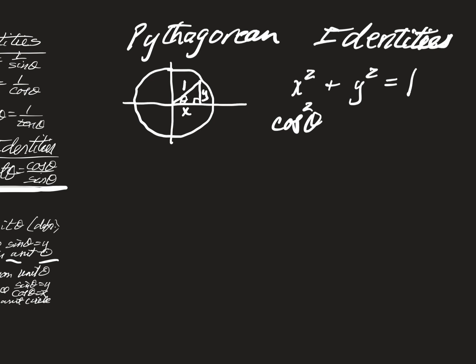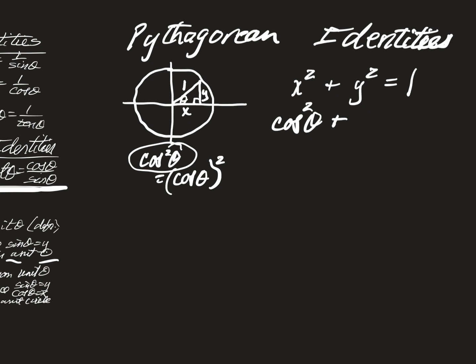If you put the square on the function name, that means you're squaring the function. Another way to write it is cosine squared theta is equal to cosine theta quantity squared. So we tend to write it this way as a little bit of a shortcut. An exponent on the function name means you're squaring it, okay?